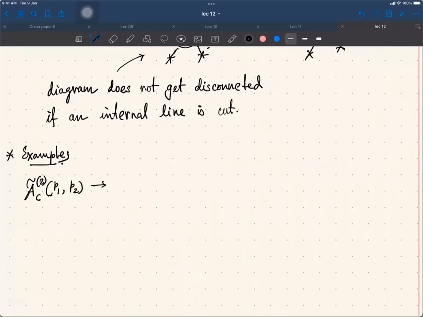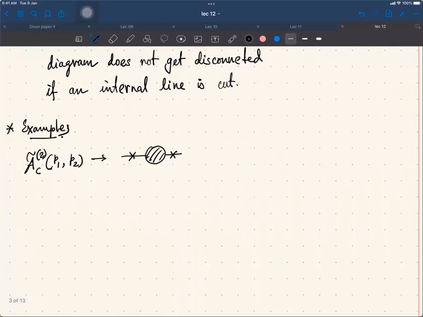So basically we are talking about this diagram. This is a connected Green's function, but with amputation. The first one will be the propagator, which is amputated.